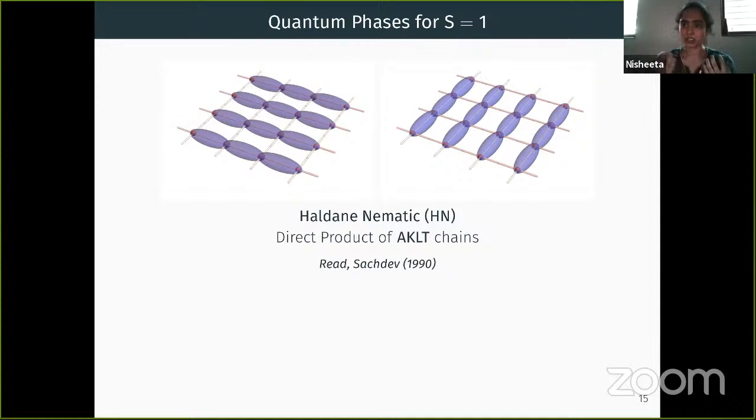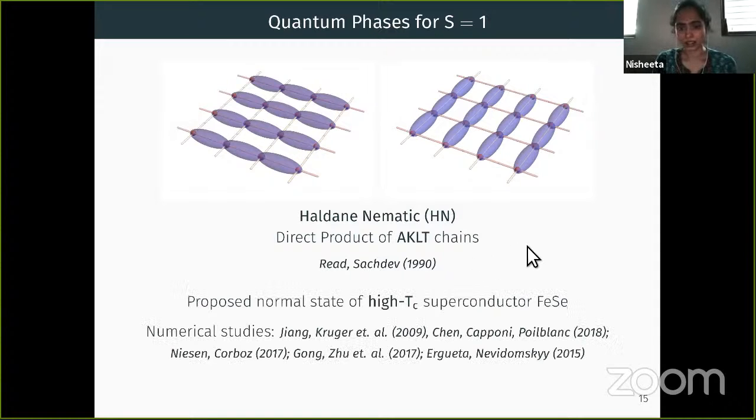And this phase was theoretically predicted in 1990. And now a number of studies have tried to investigate this phase because it's proposed to be a normal state of a high temperature superconductor, iron selenide. And that's why it has triggered a lot of interest.